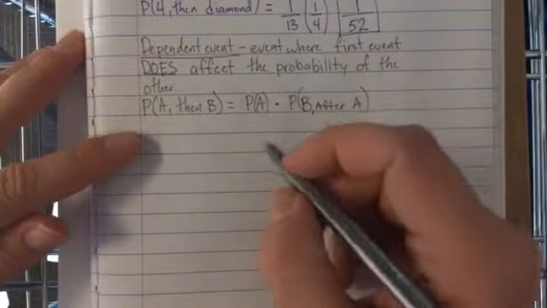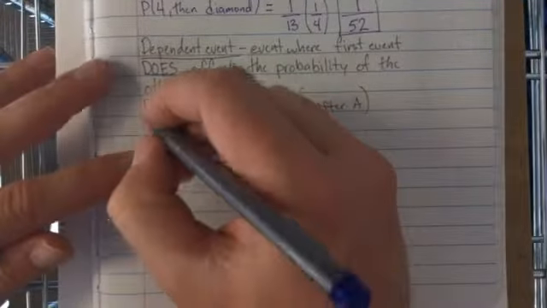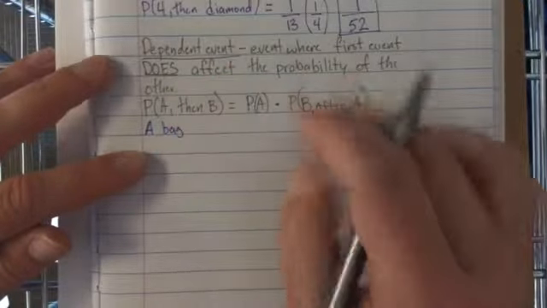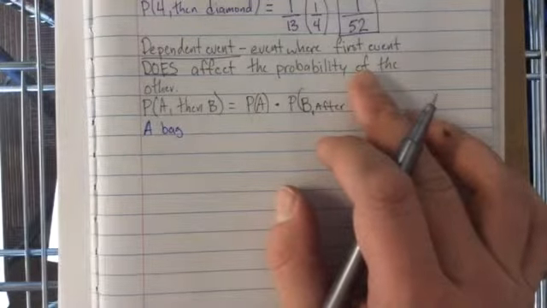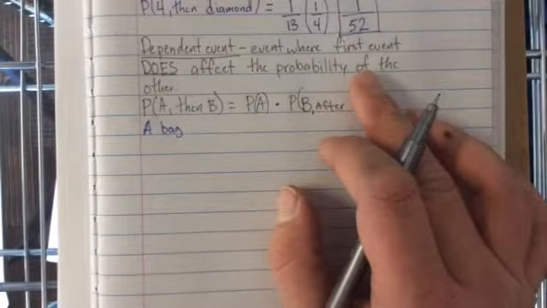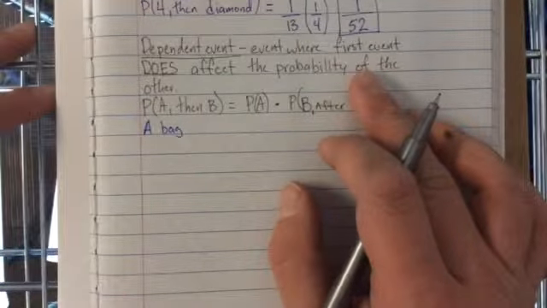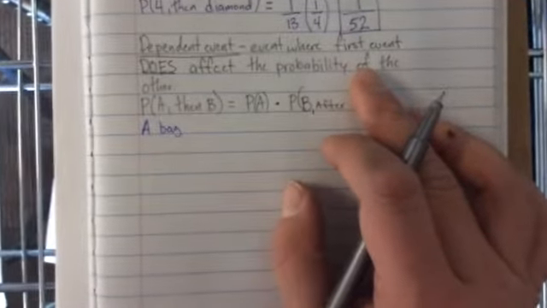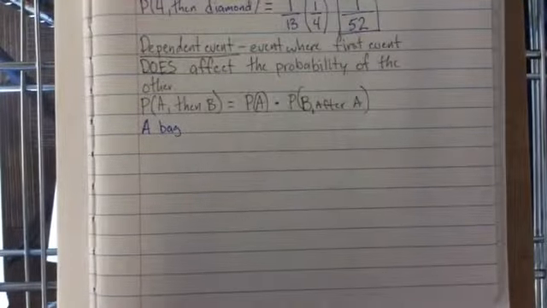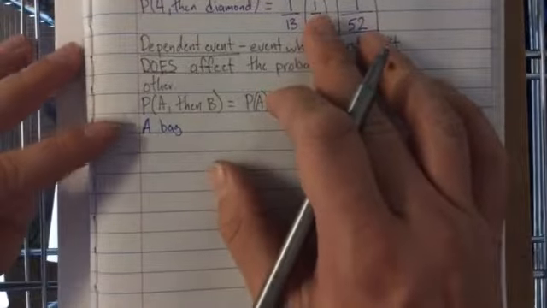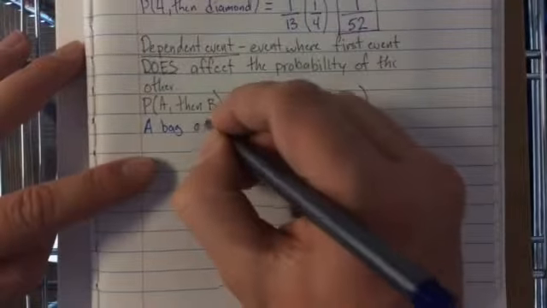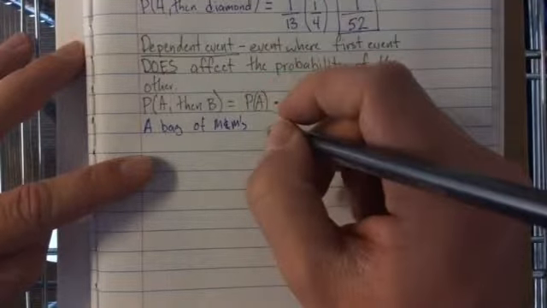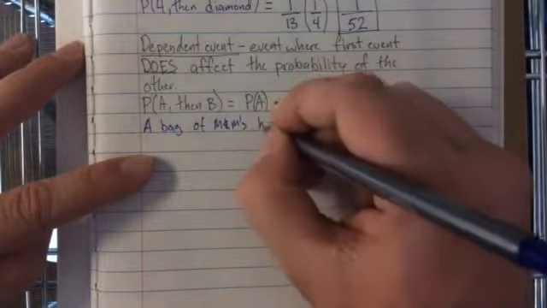Okay, so you have a bag of M&Ms. So a bag of M&Ms has 6 candies left.